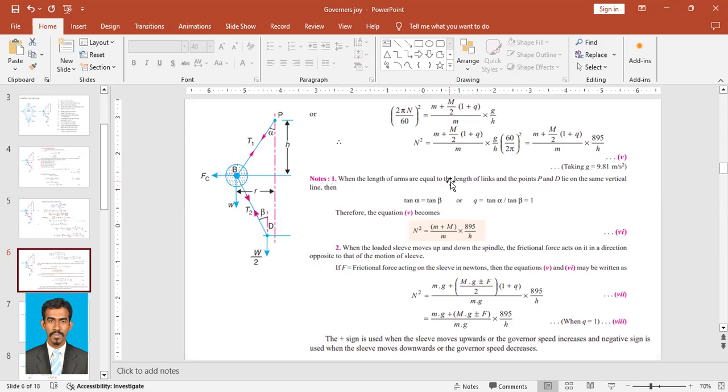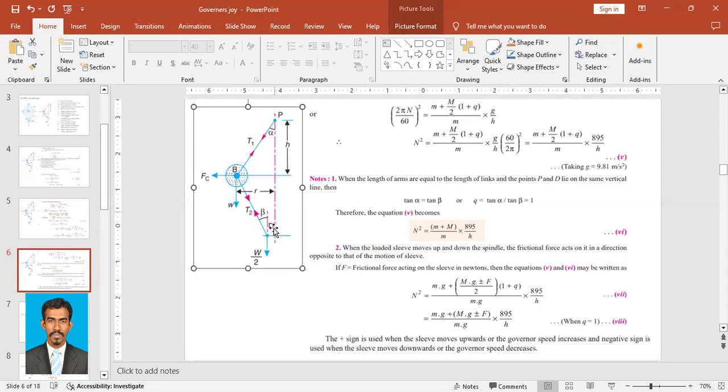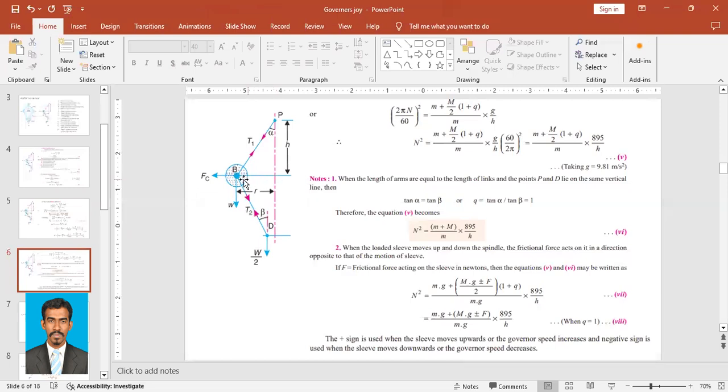When the length of the arms is equal to the length of the links, so this is the arm and this is the link, if the length of this and the length of this are equal, and the points P and D lie on the same vertical line, here they have a small offset, but if they lie on the same vertical line, and this distance is a common length that is also the same, then alpha and beta will be equal.